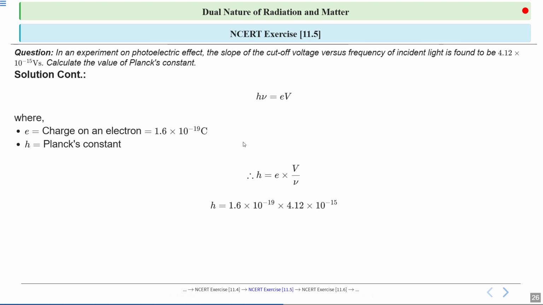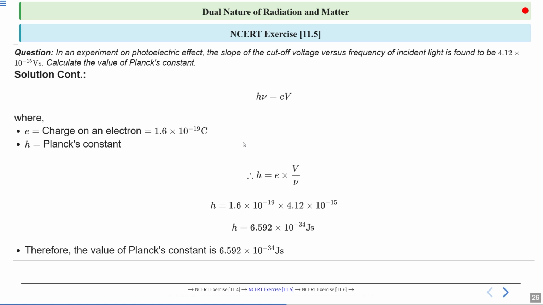Substitute the values into our formula. We multiply the charge of the electron, 1.6 times 10 to the power of minus 19 coulombs, by the given slope, 4.12 times 10 to the power of minus 15 volt seconds. Solving this, you will get h, which we can say is 6.592 into 10 raised to the power minus 34 joule second.